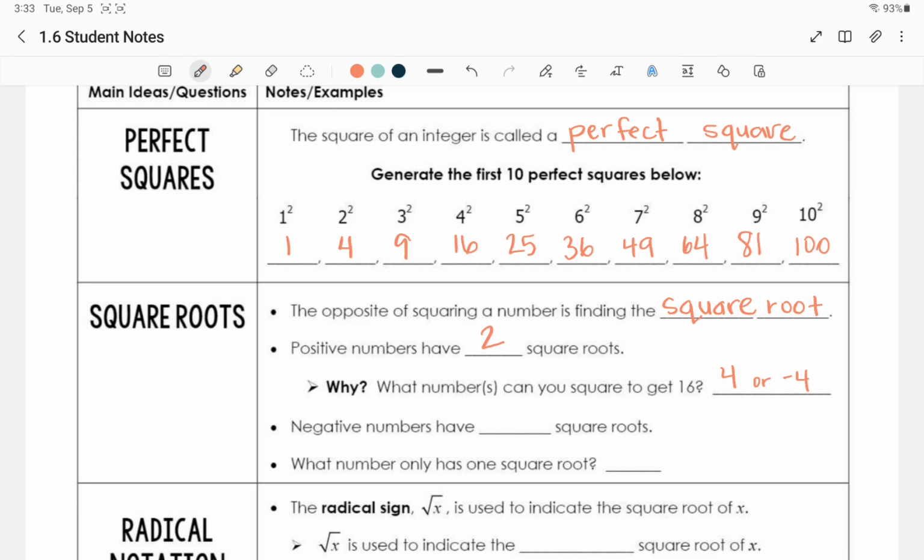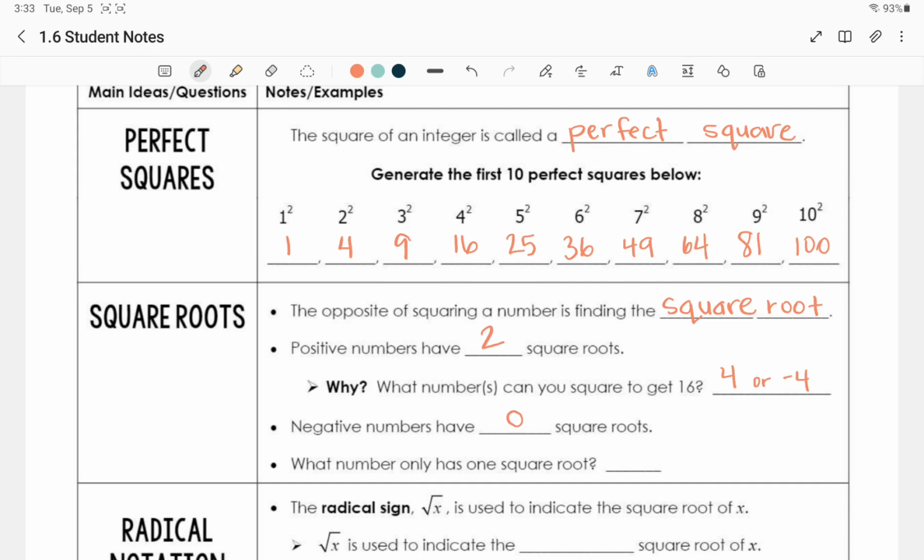All right. Negative numbers have a 0 square root. And the reason is because it's already smaller than a whole number, right? Negative numbers have a 0 square root.